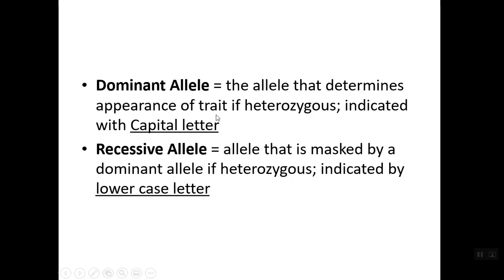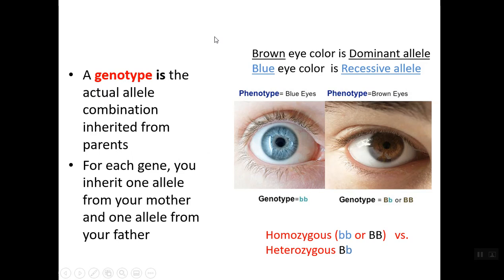Dominant alleles are, by convention, indicated by a capital letter, while recessive alleles are indicated with a lowercase letter. Remember this. It sounds complicated, but it's not.